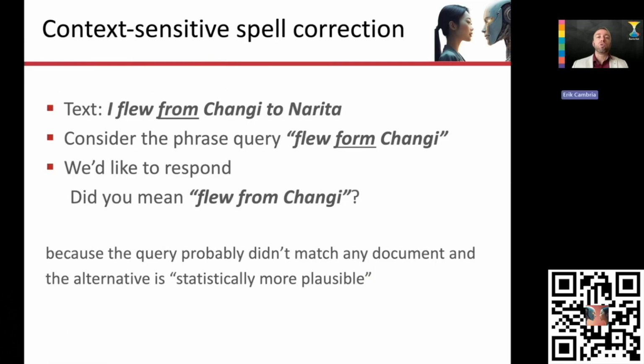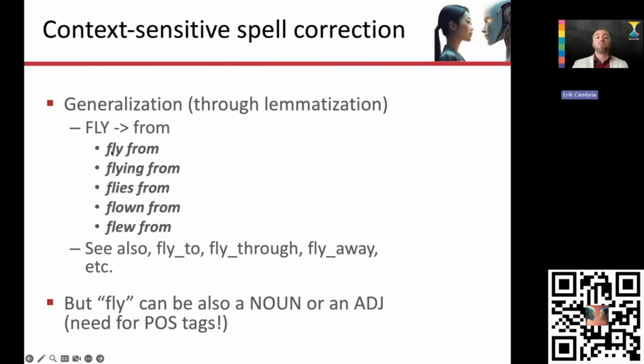So this was good for those kinds of spelling corrections that are not contextual. For the contextual one, I will need something different. I will need some deep learning algorithm or even a large language model that is able to model, for example, what word comes after which other word, so that I know that, for example, every time I have the word fly, it's very likely that the next word is going to be from rather than form.